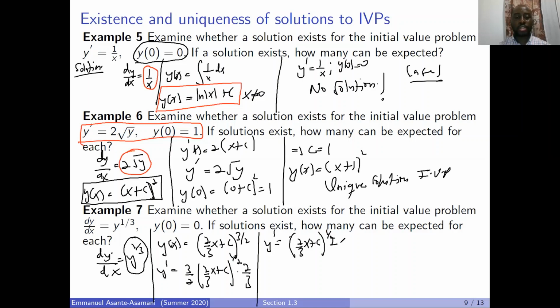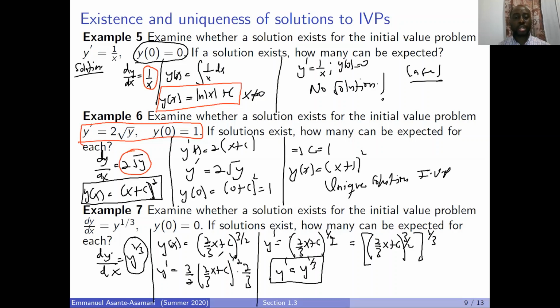Okay, now notice that this is the same as the cube root of (2/3 x plus c) to the 3/2 power. Okay, and so my y prime is actually the same as y to the 1/3, which is my differential equation. So this satisfies the differential equation.